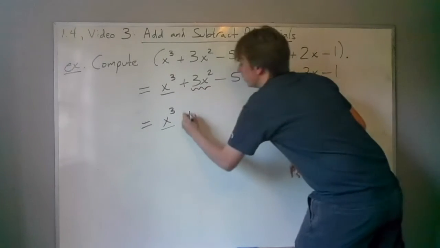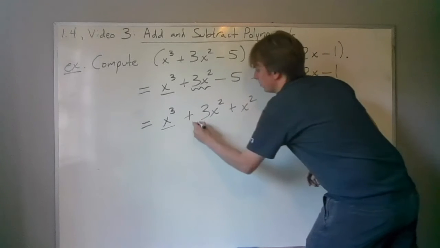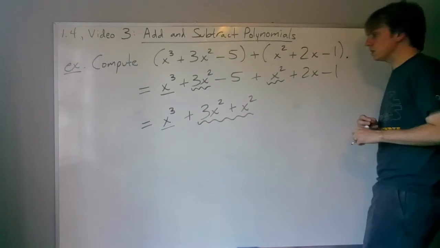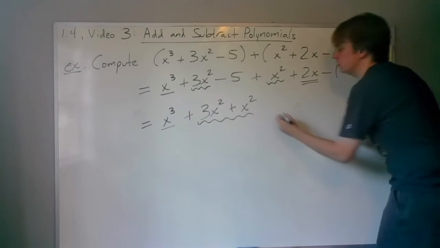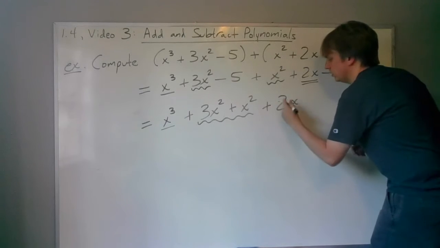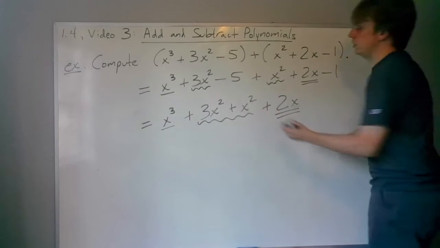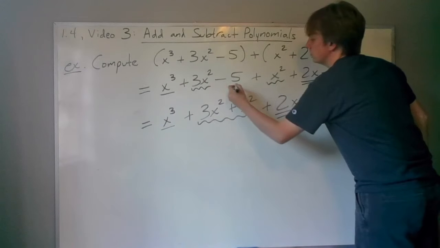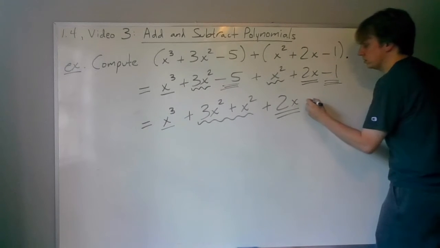Let's add those together. I see an x to the first power. And then the leftovers, I see a minus 5 and a minus 1.